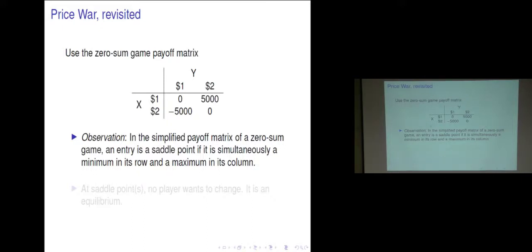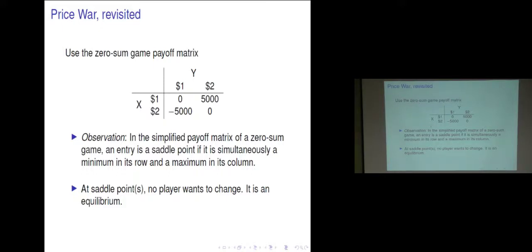Now, here's a claim. At a saddle point, and sometimes there is more than one, no player wants to change. Therefore, it is a Nash equilibrium. Last time I probably didn't explain this clearly, so let me repeat it, and then in the second half I will repeat it again.